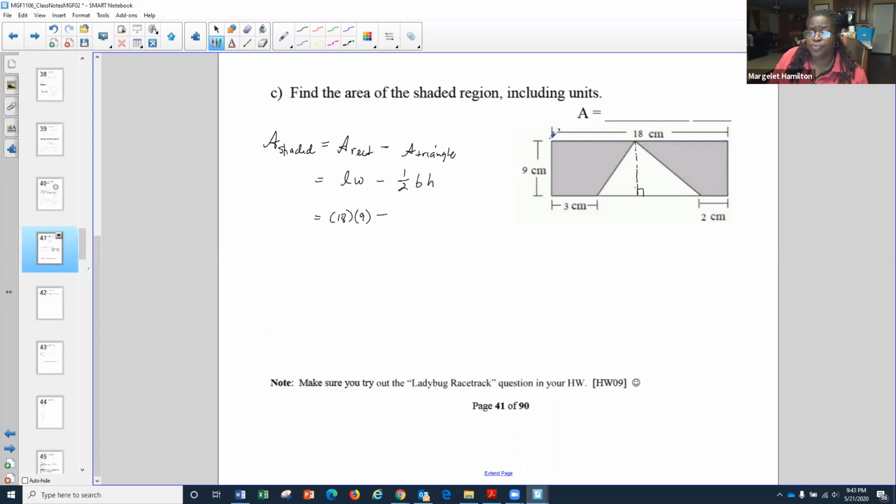So remember, we see that the whole length of our rectangle is 18. But then they gave us this piece right here, 3 centimeters, and this is 2 centimeters.